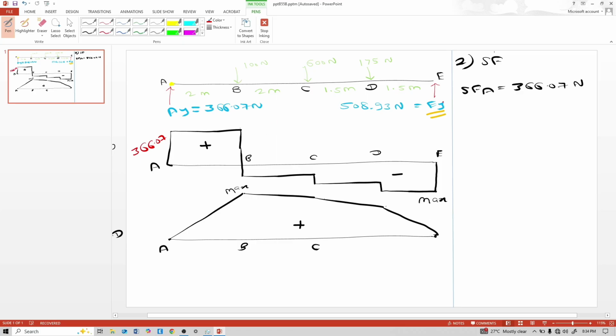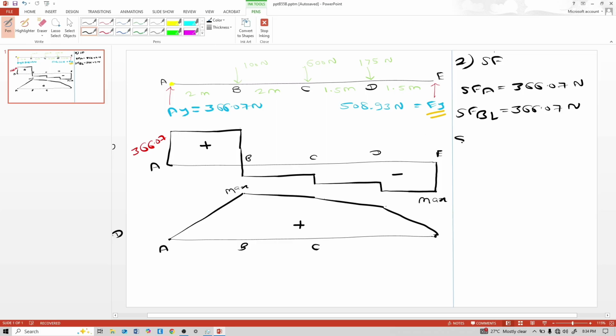Shear force at B just left of B is also 366.07 Newton because there is no load between AB.